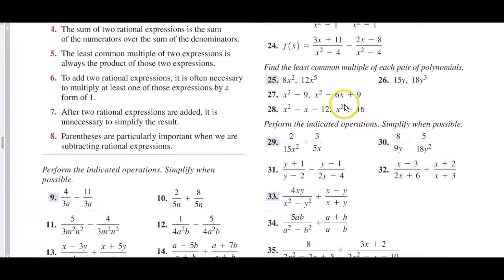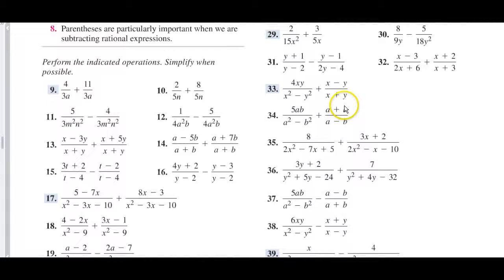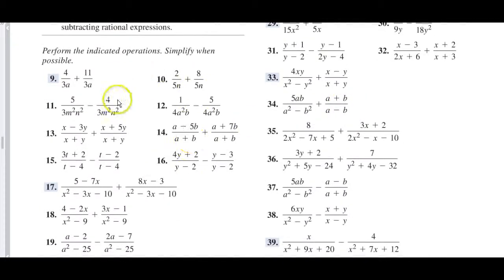And good luck. Looking at some of these, again, some of them start off easy, but when you get into trinomials in the denominator, and you have to figure out what's your common denominator, then modify your numerator so you have an equivalent fraction that you can add or subtract.